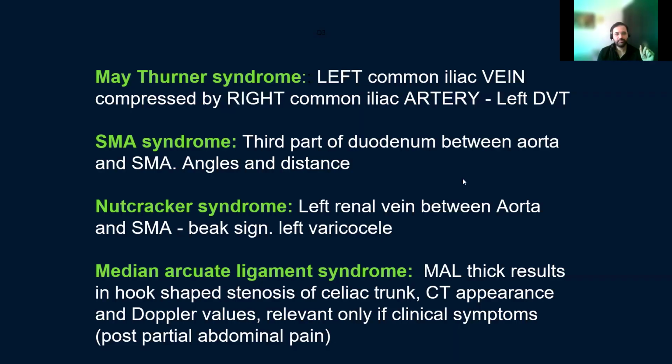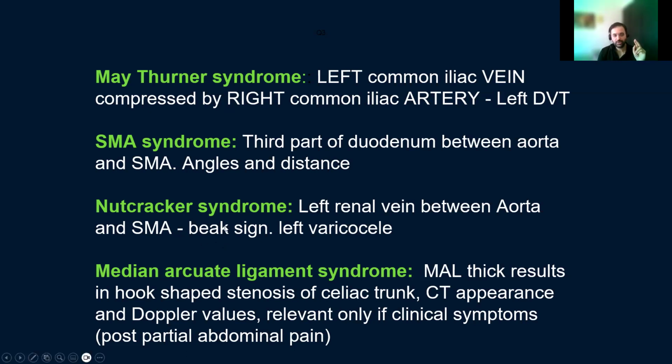Now, what's the nutcracker syndrome? It is where the left renal vein is getting caught between the aorta and the SMA. If you can imagine the left renal vein as it comes up, it is draining into the IVC, but before going there, it is getting caught between the aorta and the SMA.